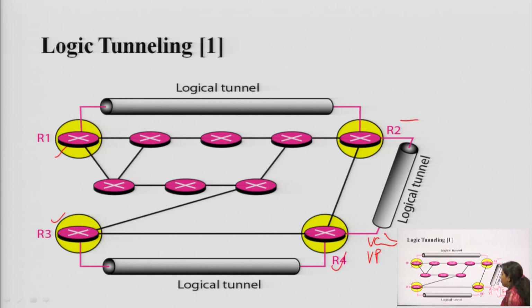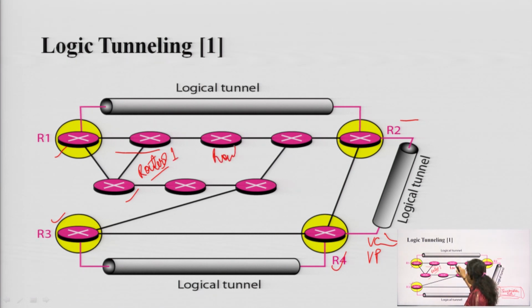So, basically 4 routers are there, connected through different networks, and these are the intermediate routers which are presented over here. This is router 1, this is router 2, this is router 3, this is router 4. So, likewise different routers are connected, and these routers are connected to different logic tunnels. So, this is how the network will be formed over here.